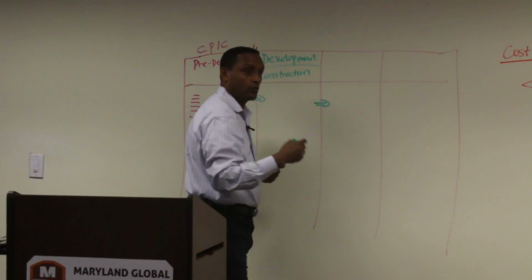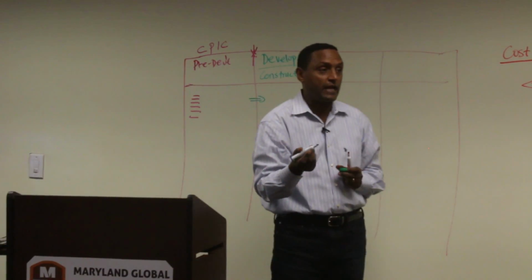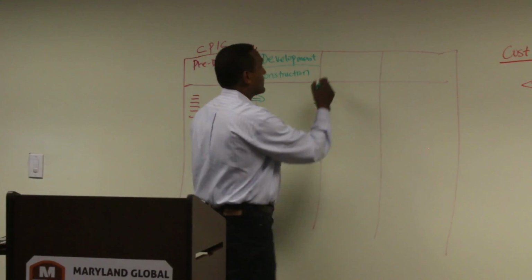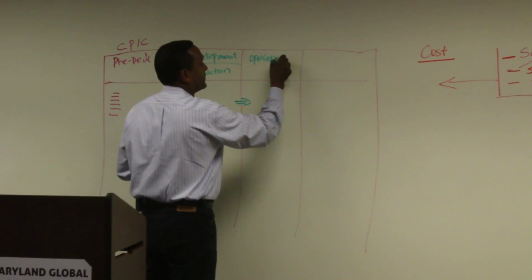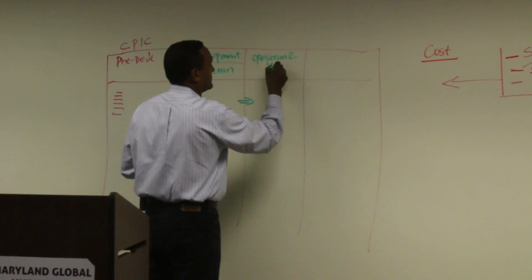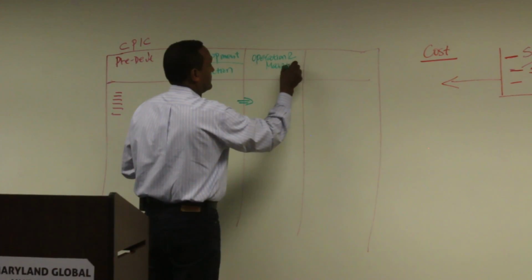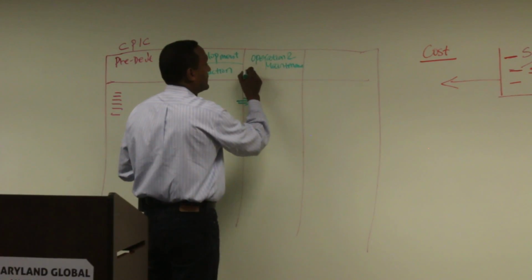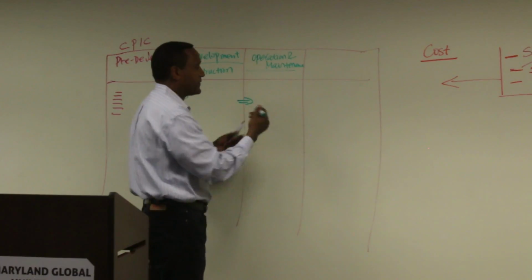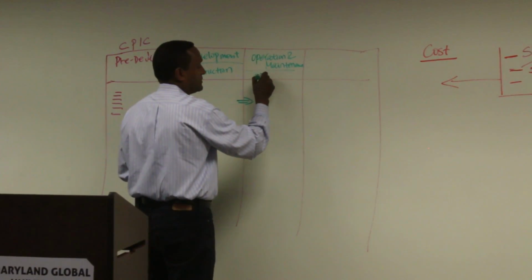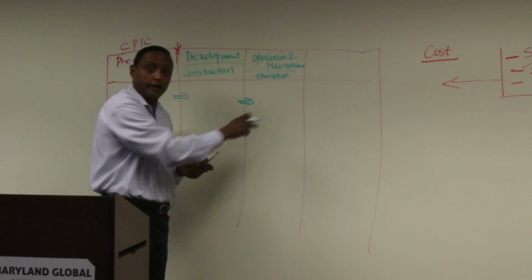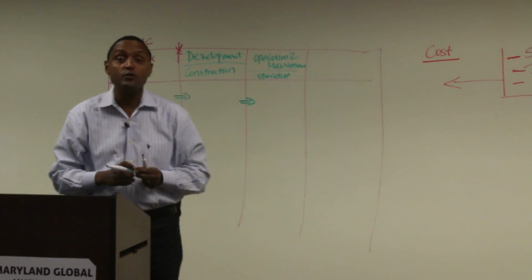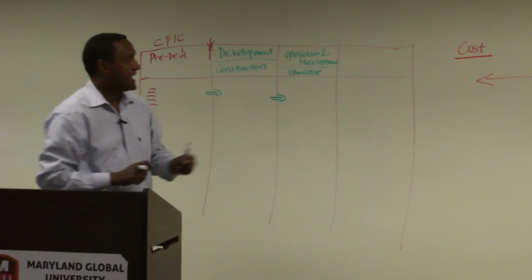In IT it's called what? O&M, operation and maintenance. Or in construction, I think you may call it differently, but it's operation. This is where you actually start using it.